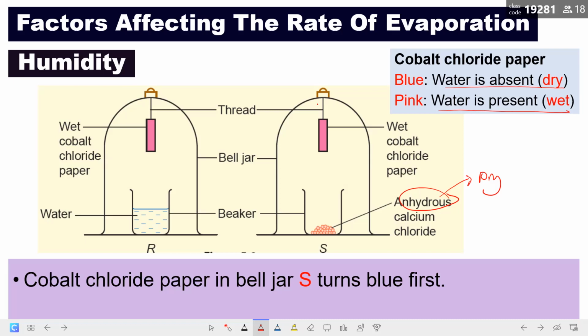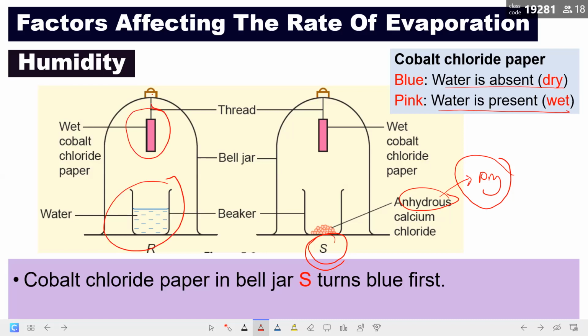Yes, because it is dry, this anhydrous calcium chloride changes my wet cobalt chloride paper to blue, because water is absent here. So S will turn blue first. It's dry, so it turns blue straight away. Here water is present, already wet, so it doesn't do anything at all.